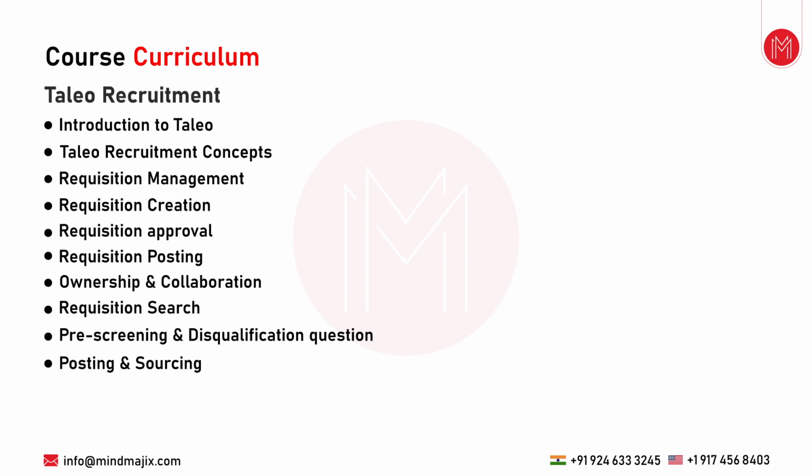Now how will new talent, how will new hires come to know that there is an open position or a job opening in this particular company? In order to know this, what recruiters have to do as a next step, once the requisition is approved, is post these requisitions.